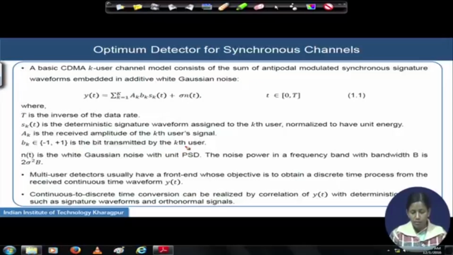When we are detecting via the match filter or the correlator architecture, we simply multiply this continuous domain incoming signal with the corresponding signature waveforms of the different users, and then we sample it at a proper rate, and hence we get all the orthonormal vectors at the output of the match filters, the correlator sampler architecture.